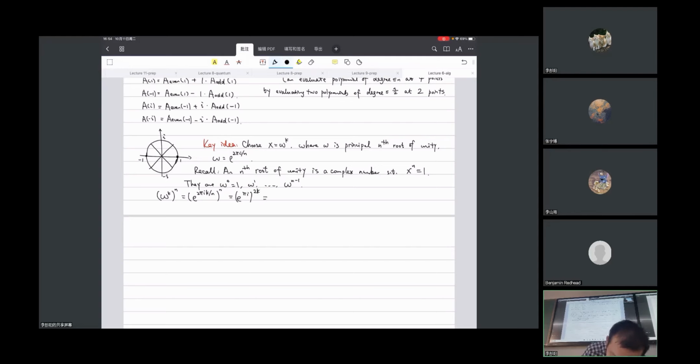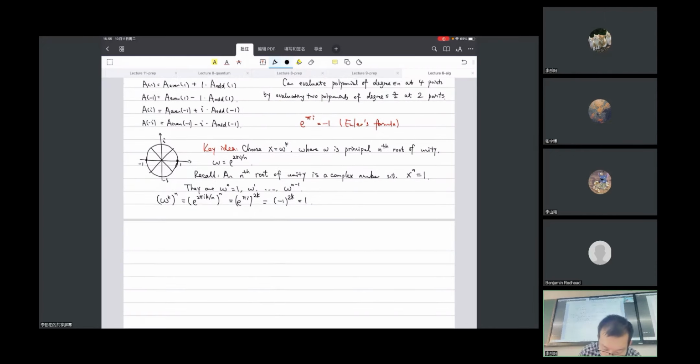By Euler's formula, we know e to the pi i equals minus 1. So this equals (-1) to the 2k, which equals 1. So that is basically saying that all the nth roots of unity are omega to the 0, omega to the 1, until omega to the n minus 1. Is this clear to you?